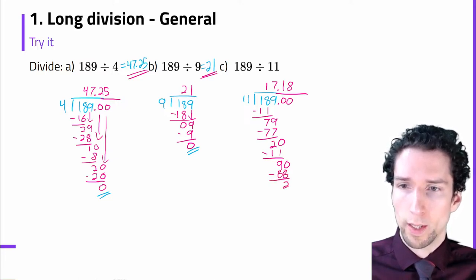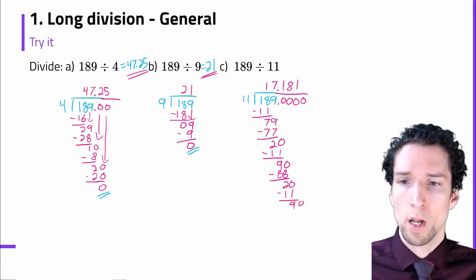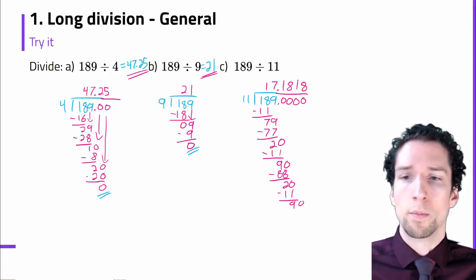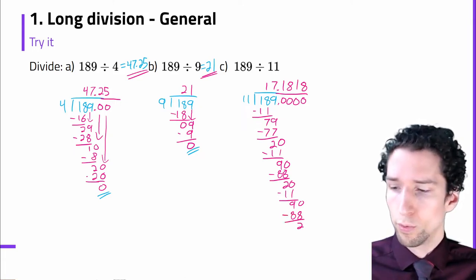All right, and that gives us a 2, and let's add another 0 here. 2 gives us 20, and that goes in 1 time, and that gives us 11, so that's 9, and bring down a 0. That will go in 8 times, and that's 88, and that's 2 again.